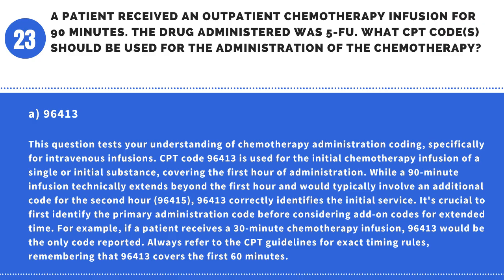It's crucial to first identify the primary administration code before considering add-on codes for extended time. For example, if a patient receives a 30-minute chemotherapy infusion, 96413 would be the only code reported. Always refer to the CPT guidelines for exact timing rules, remembering that 96413 covers the first 60 minutes.